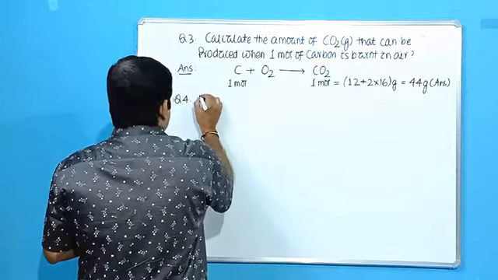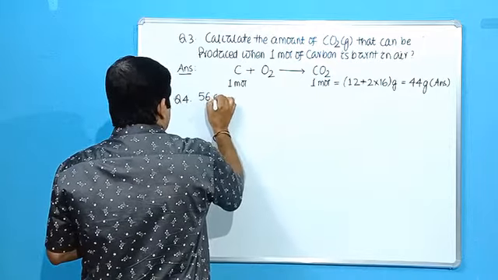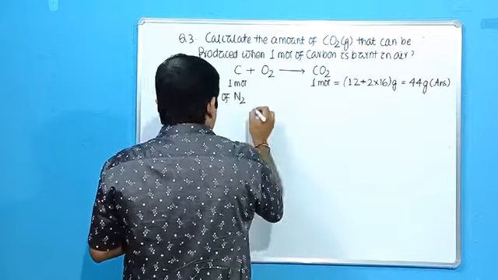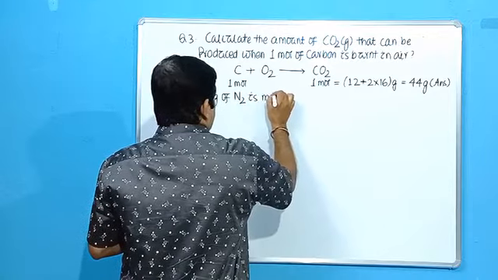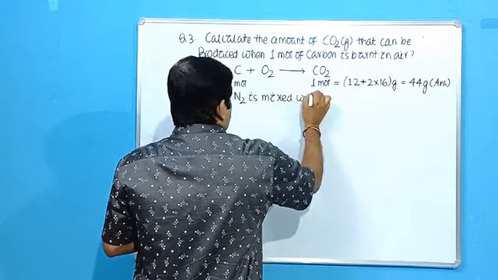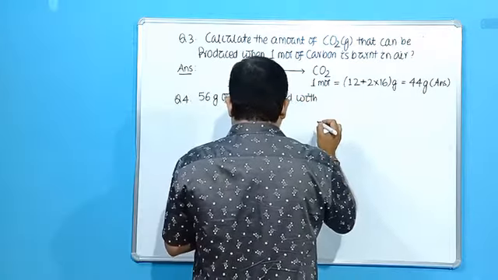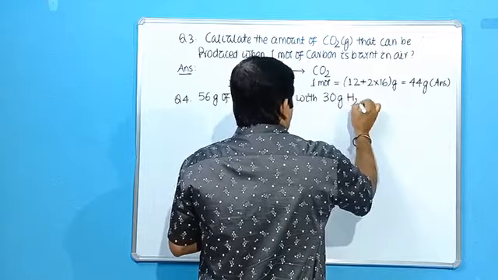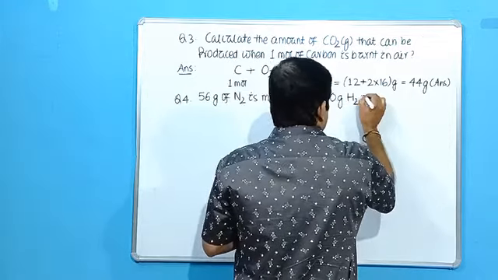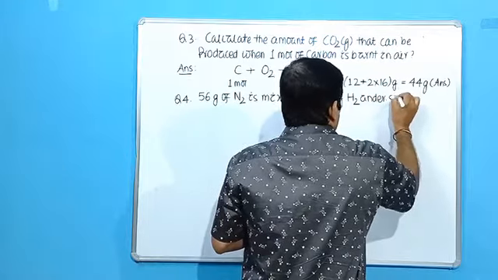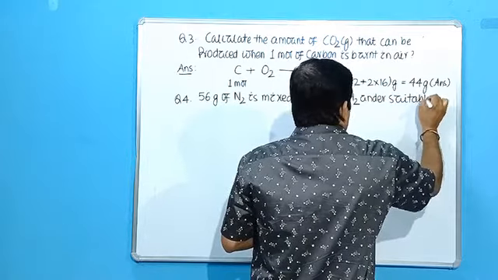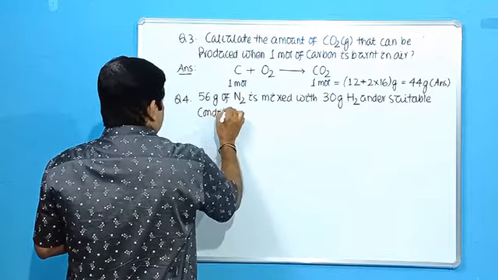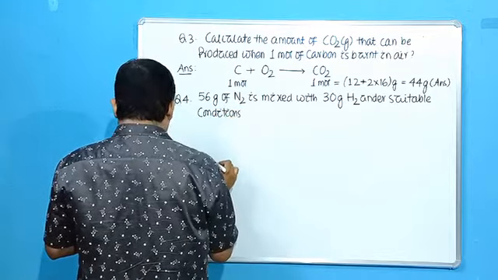56 gram of nitrogen, that is N2, is mixed with 30 gram dihydrogen, 30 gram H2, under suitable conditions to react.